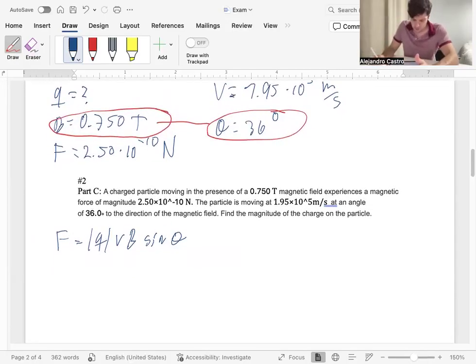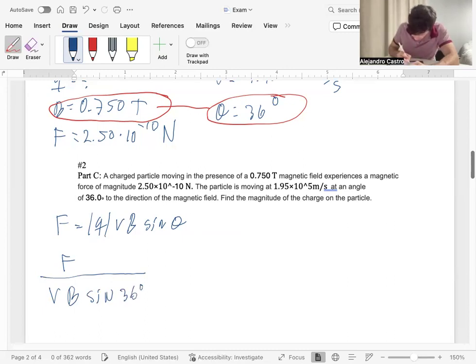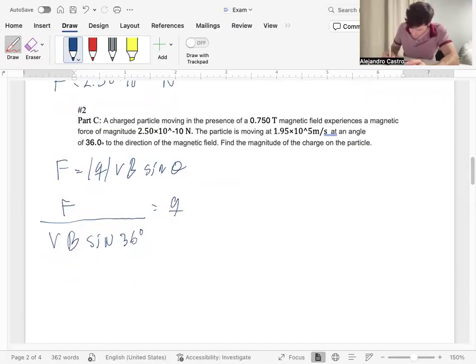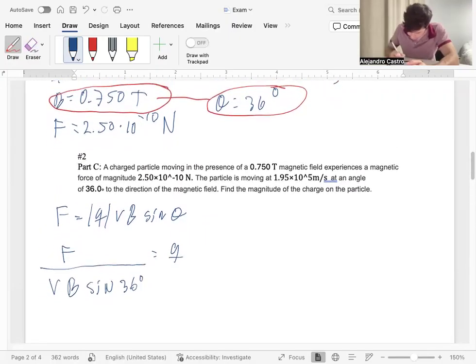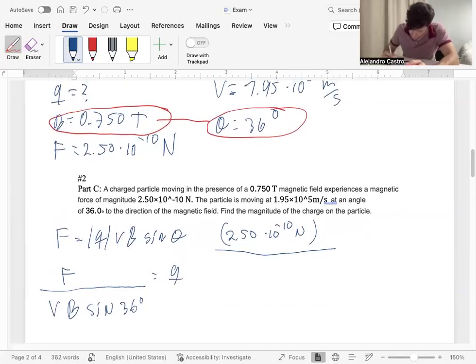Well, first we are going to rearrange because what we're looking for is the charge. Okay, let's plug in the values.